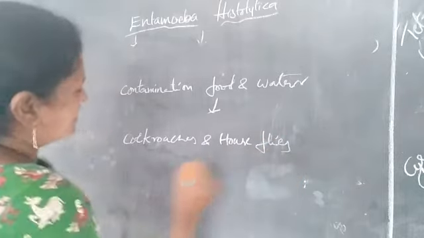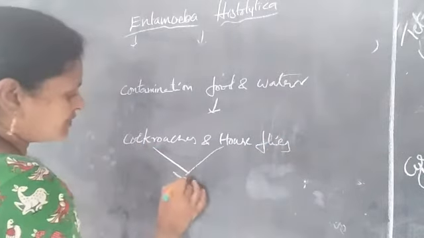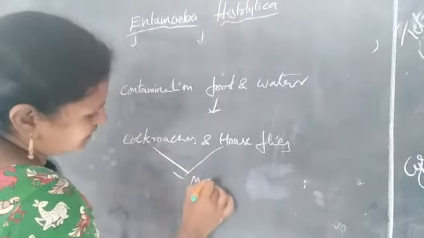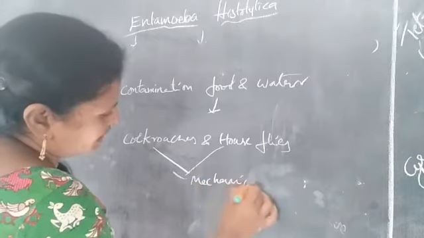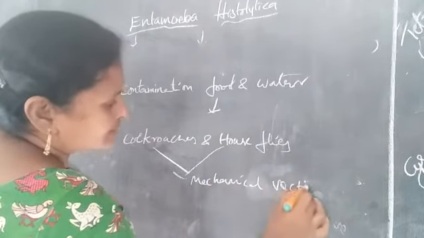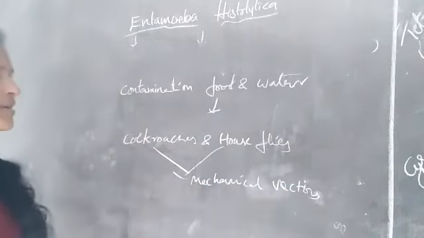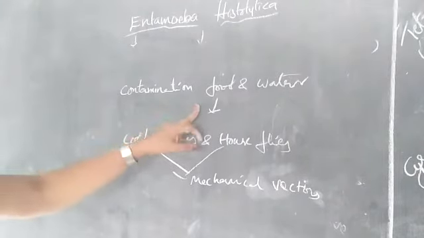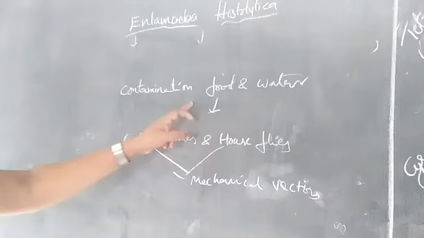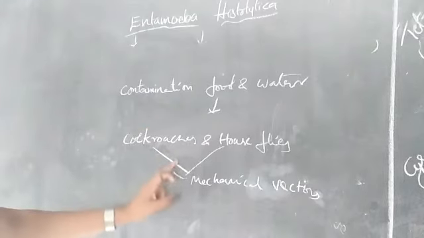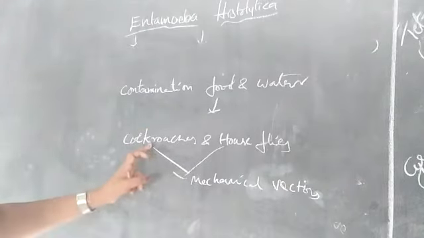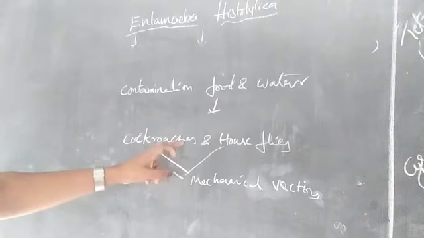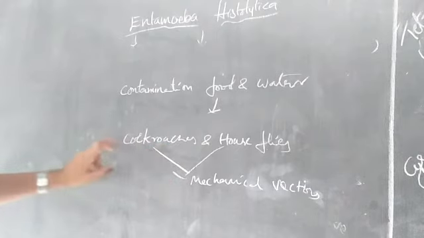Cockroaches and houseflies are mechanical vectors. So the contaminated food and water are carried by mechanical vectors, that is cockroaches and houseflies.